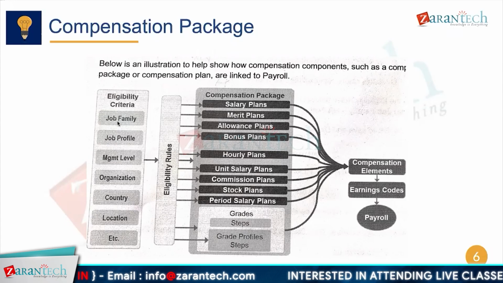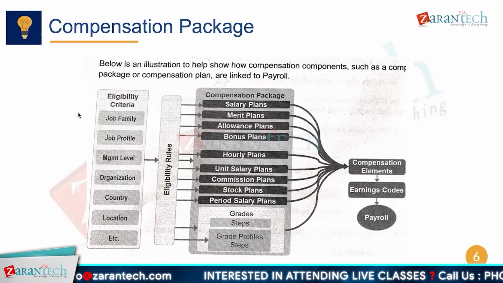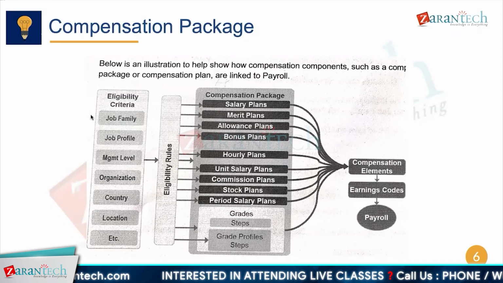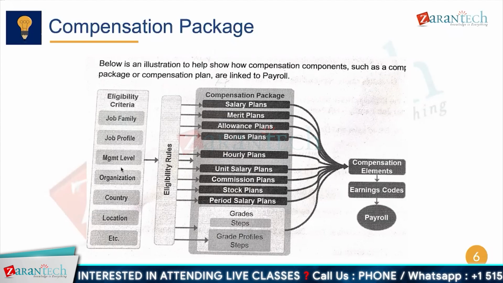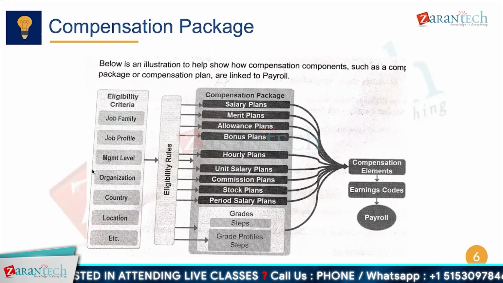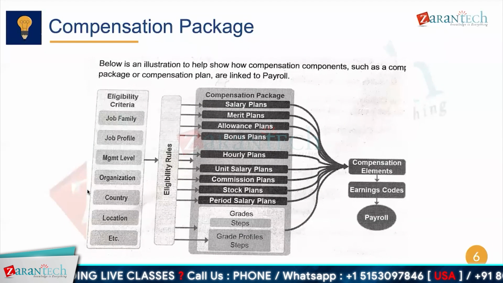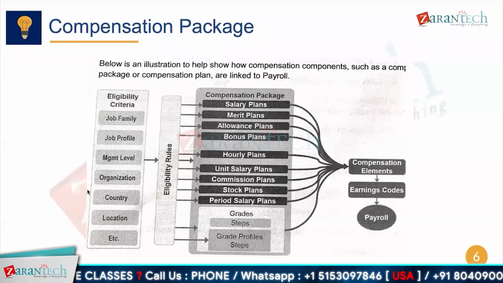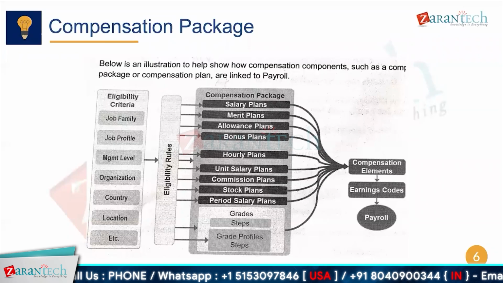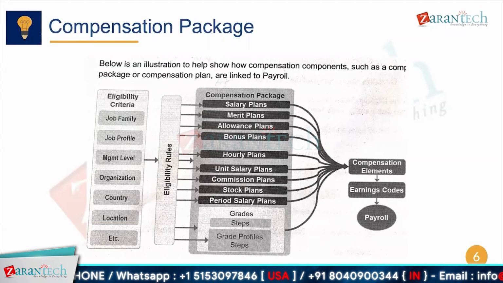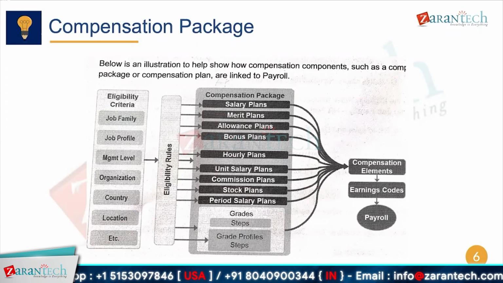So job family is one of the different eligibility criteria that we can define. We can define it on the basis of job family, maybe job profile, or according to management level. It can be assigned to a particular organization or a particular country, maybe a particular location within a country. So it can be applied to anything we want.